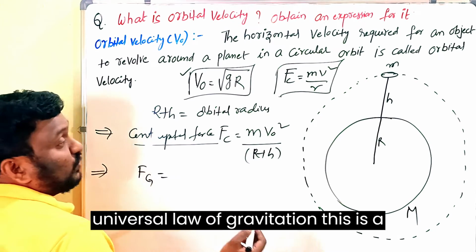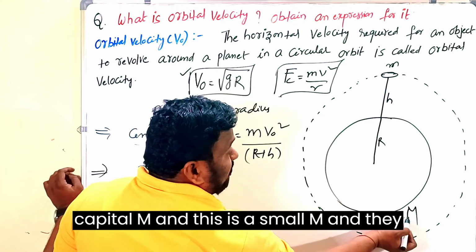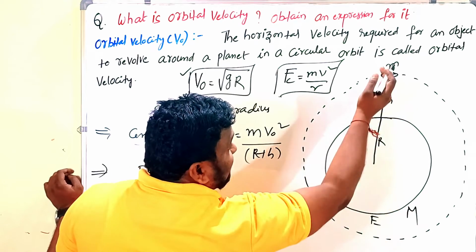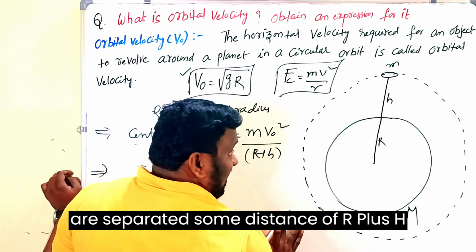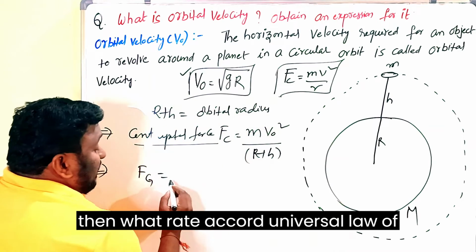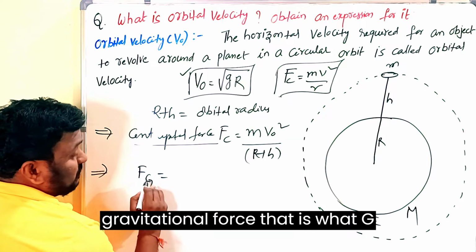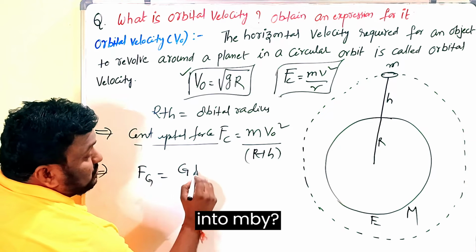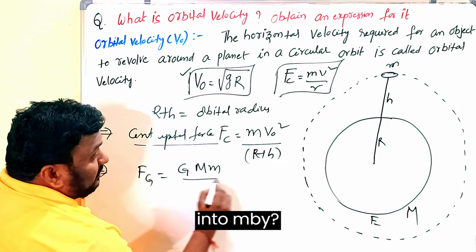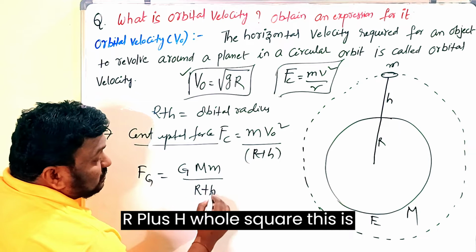According to the universal law of gravitation, with capital M and small m separated by a distance R plus h, the gravitational force is G M m by (R plus h) whole square.